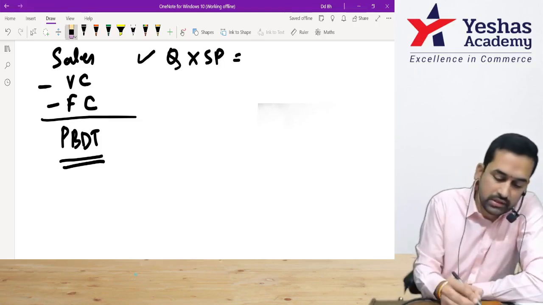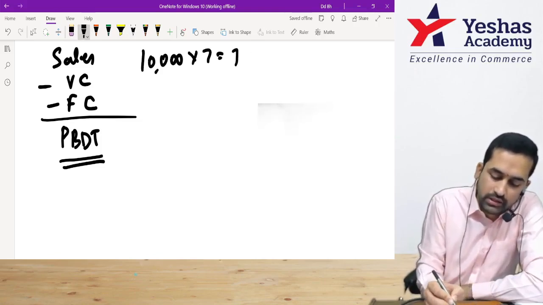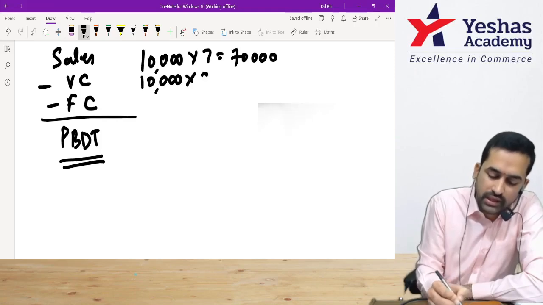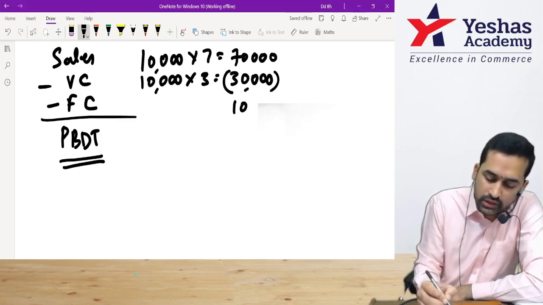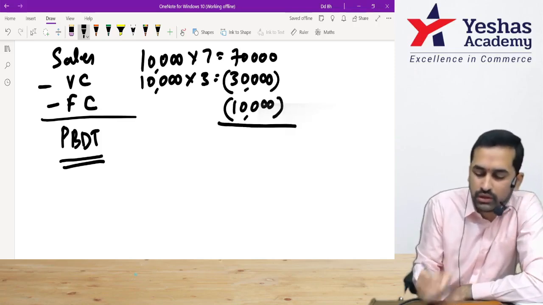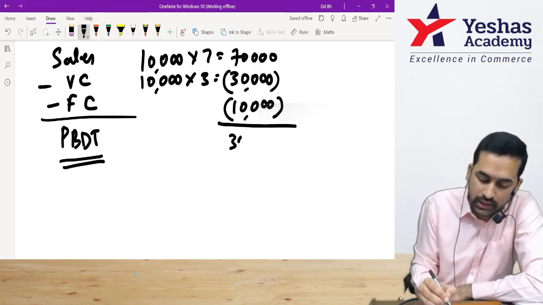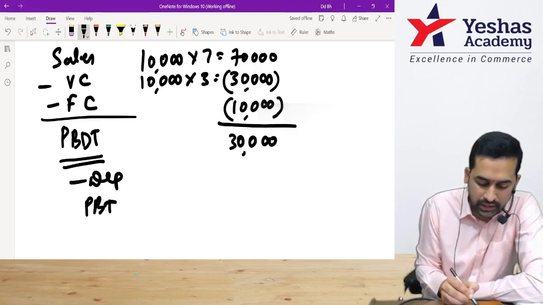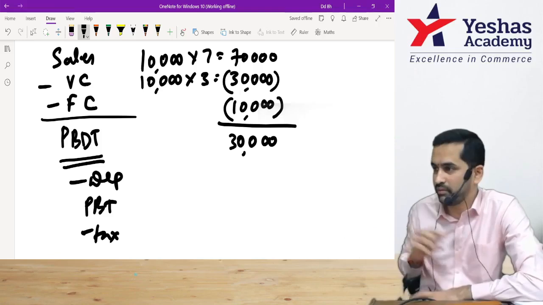Correct? That means this is 10,000 units into 7 rupees, 70,000 sales. Then variable cost 10,000 into, say, 3 rupees, 30,000. From this you take out fixed cost, which is not based on number of units, it's a total number, 10,000. This will now become 30,000 PBDT. From this minus depreciation, then PBT, minus tax, PAT, add back depreciation, CFAT, then your NPV table.